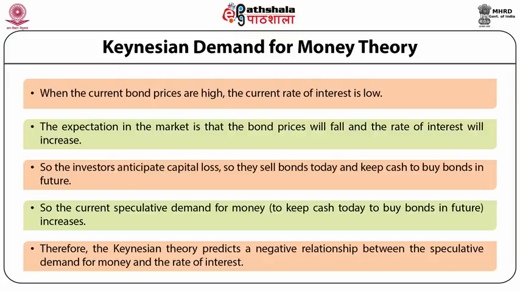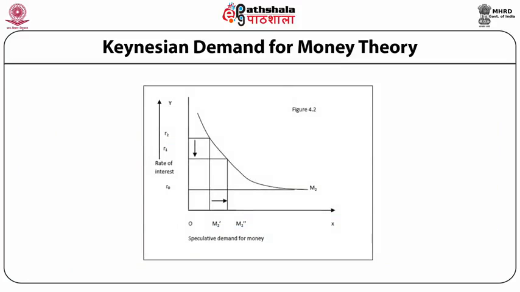This is explained in figure 4.2. The figure measures speculative demand for money on the OX axis and rate of interest on the OY axis. The M2 curve is the speculative demand for money curve, which shows a negative relationship between rate of interest and the speculative demand for money.